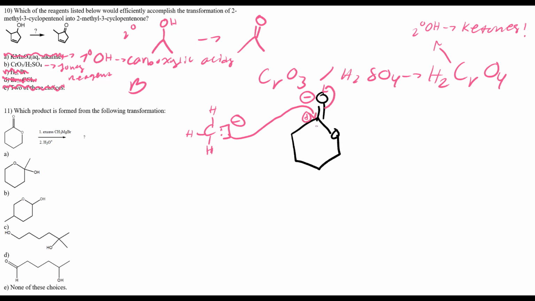We have an excess amount of Grignard reagent, so now we have a methyl group over here. And then again, these bonds can come back and reform the double bond. I should just draw it out right here. Technically we still have the double bond, and we're going to have an attached methyl group as well.